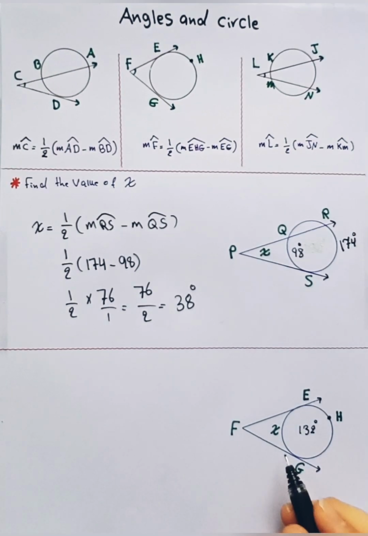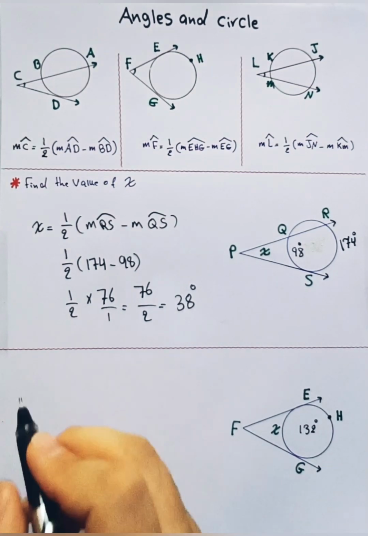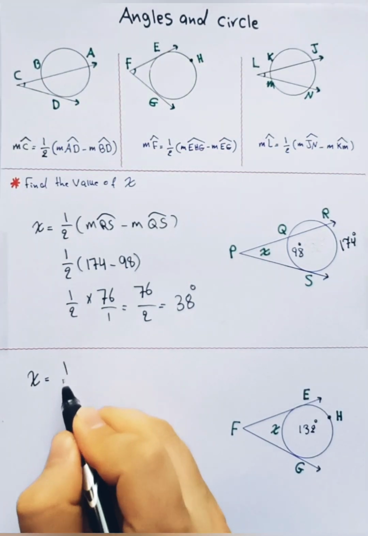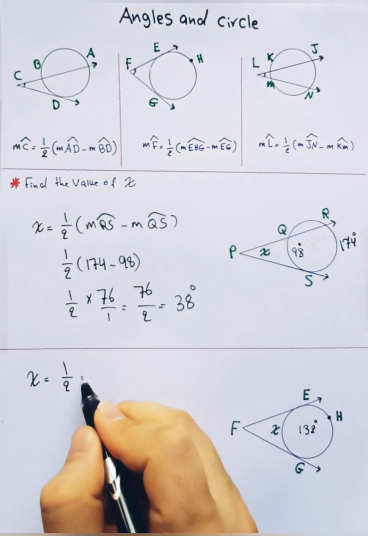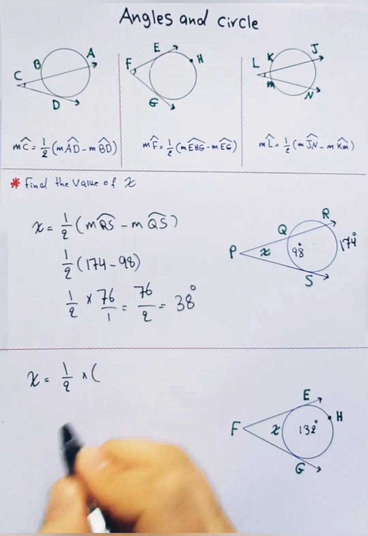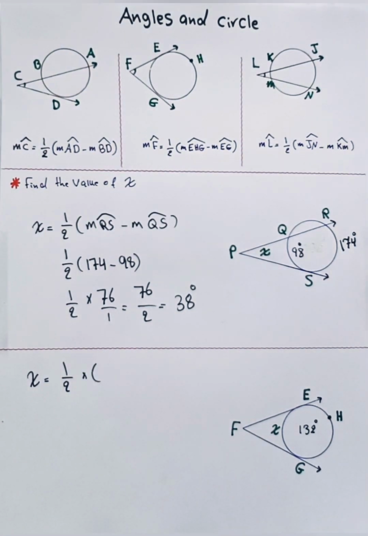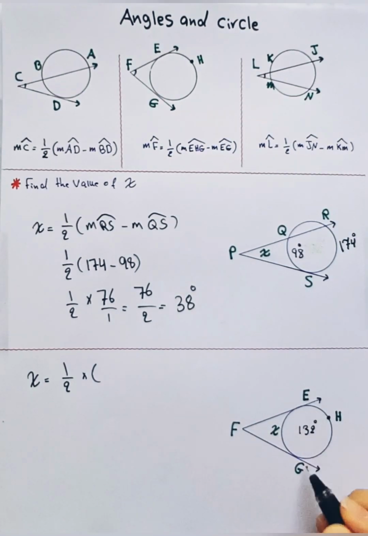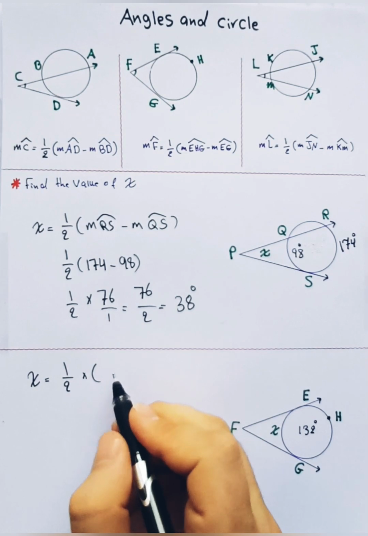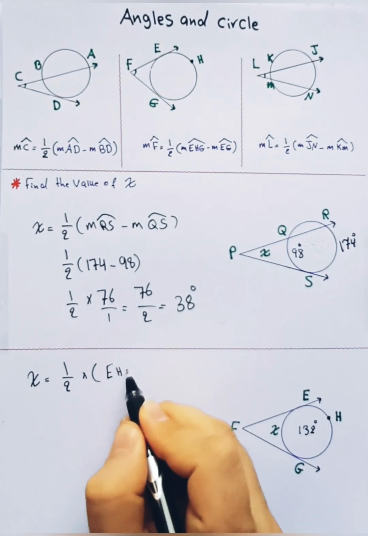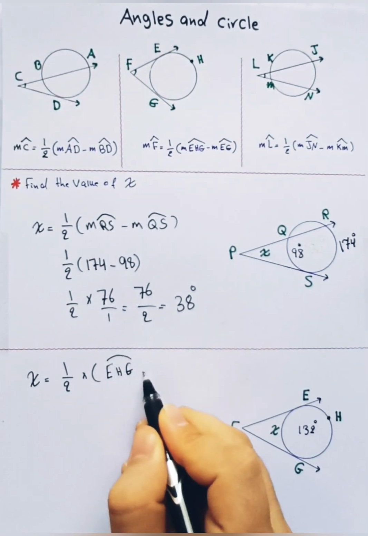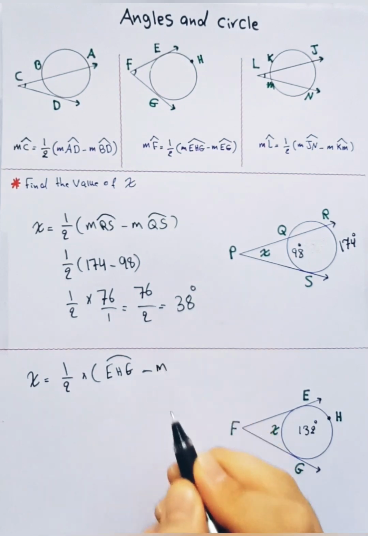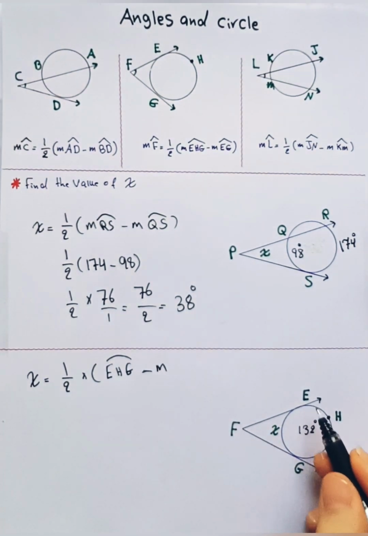After that, you have to find the value of x in this example. So the value of x equal to 1 out of 2 multiplied by the measure of the arc EAG minus the measure of EG.